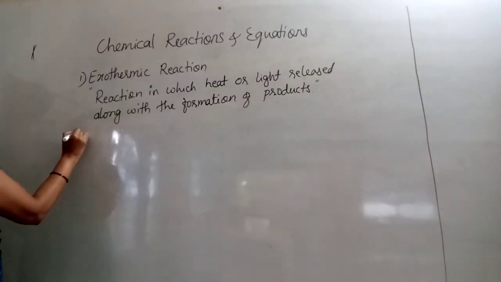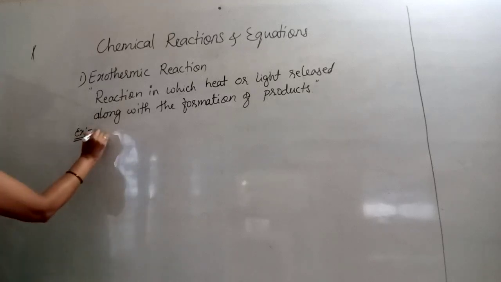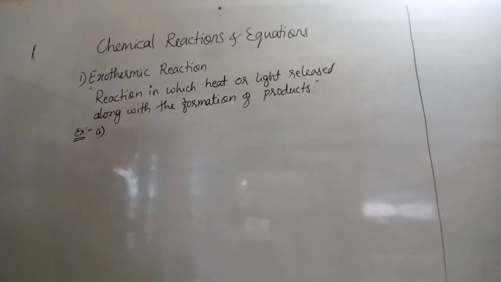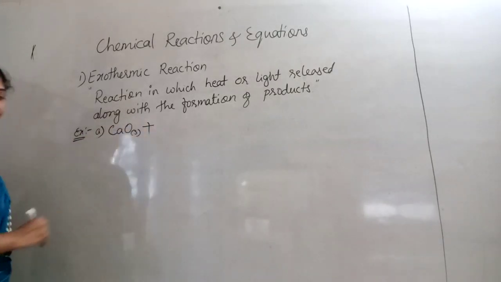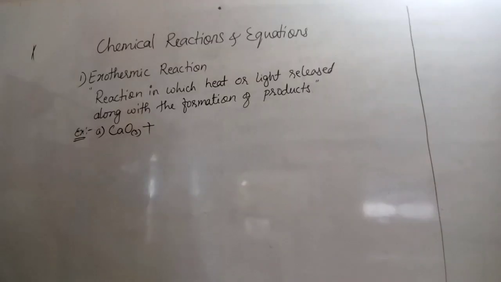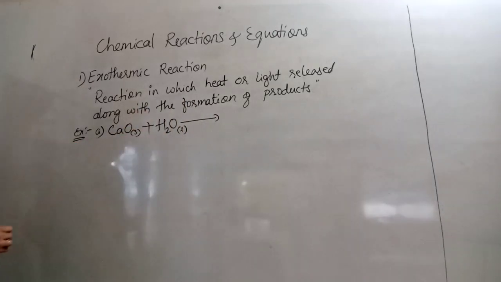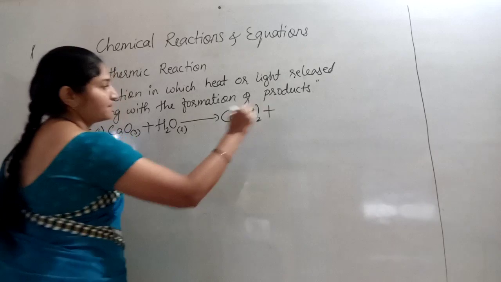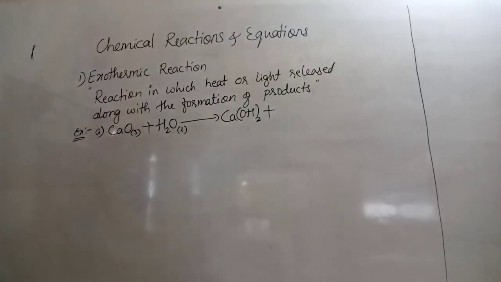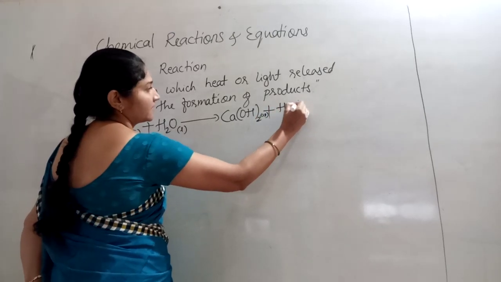So let us consider examples for this exothermic reaction. First example, calcium oxide, CaO, solid form, plus water, it is going to form calcium hydroxide, Ca(OH)2, in aqueous solution, plus heat.